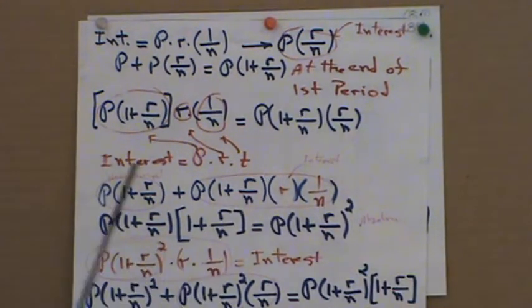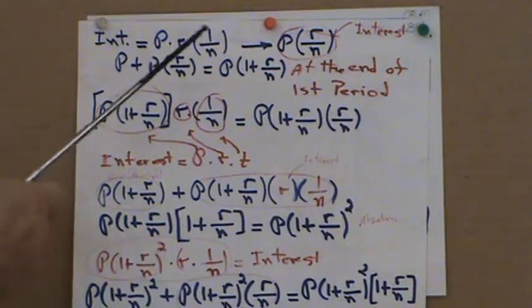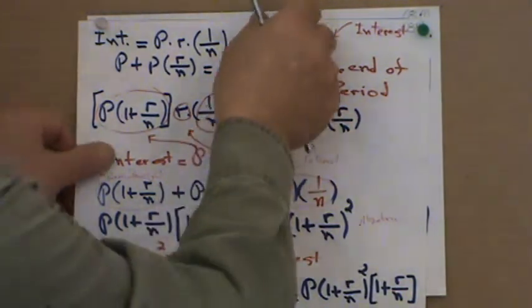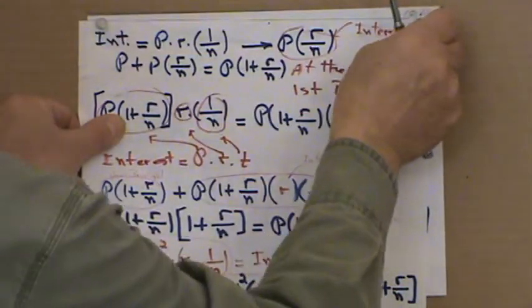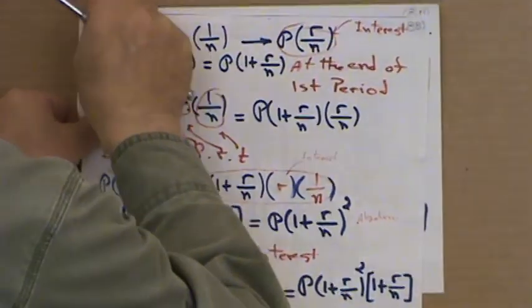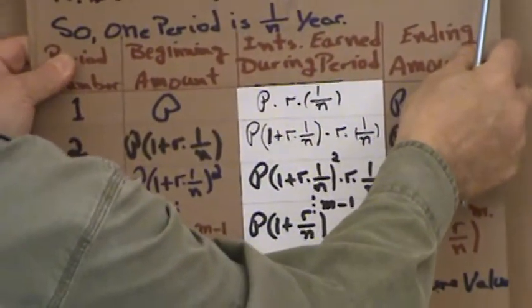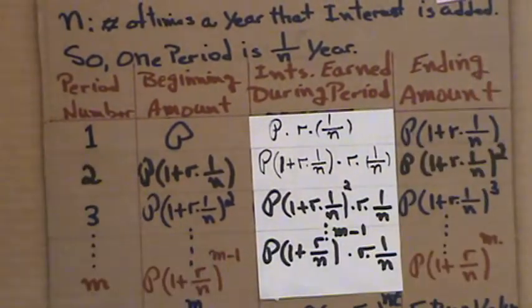So I won't go over that one, you can see the pattern. Now let me put it in general and see what pattern we can see from that. So let me zoom this one for you.